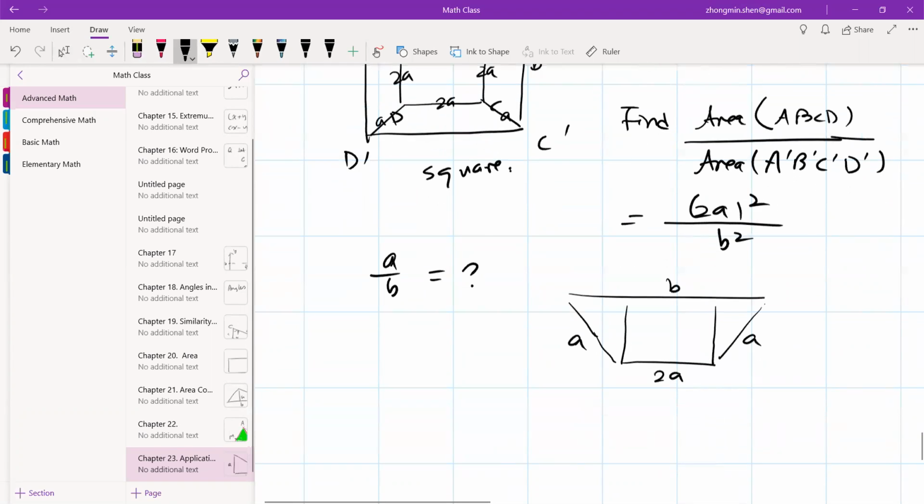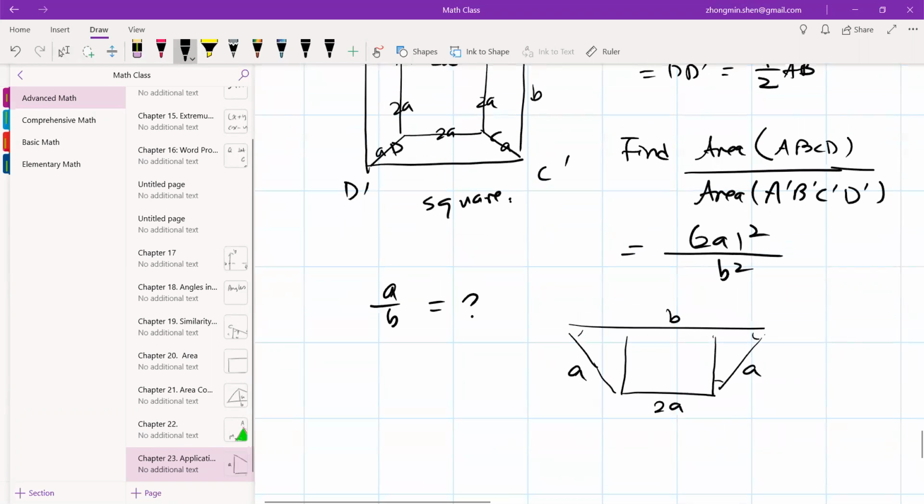If you draw these two lines, then you will see... all right, any additional information we have here?